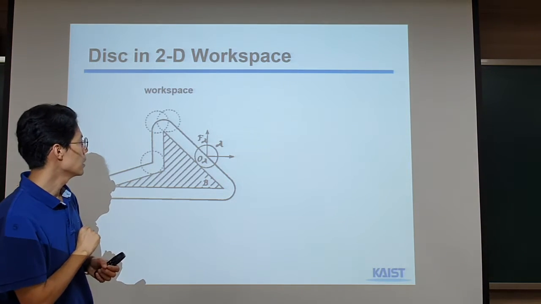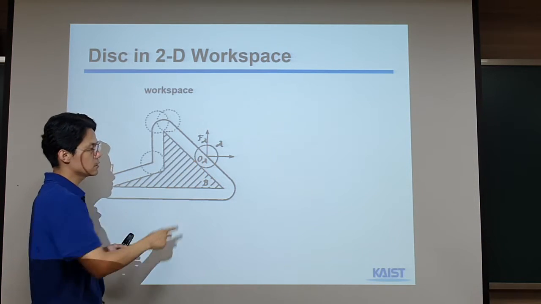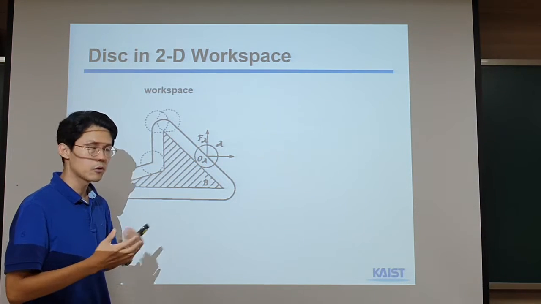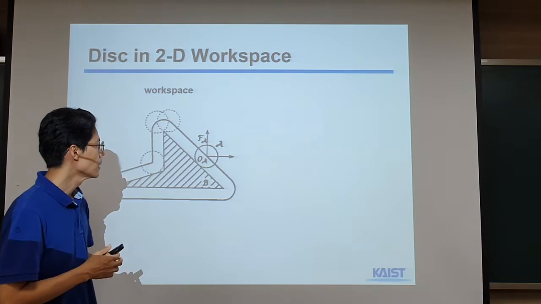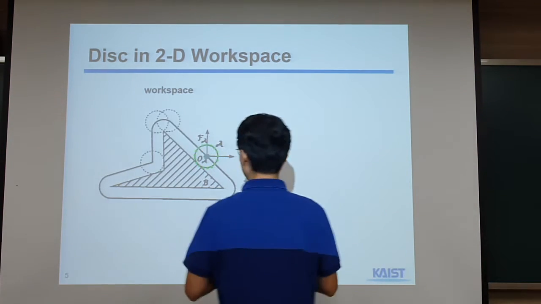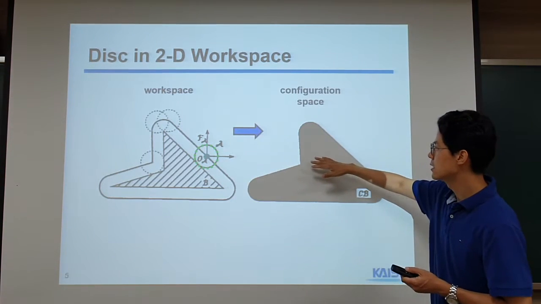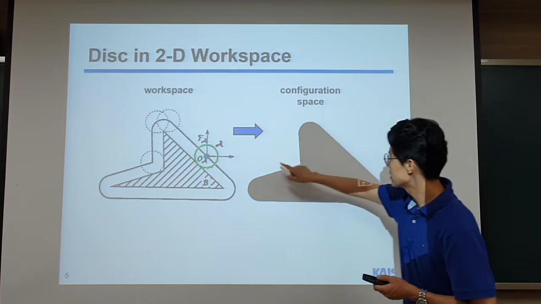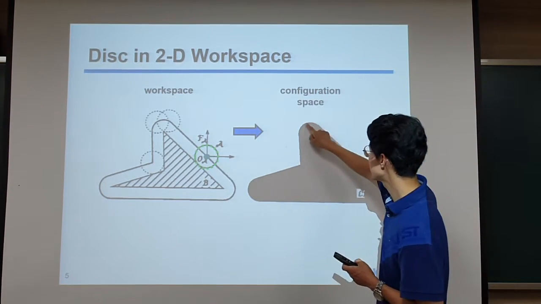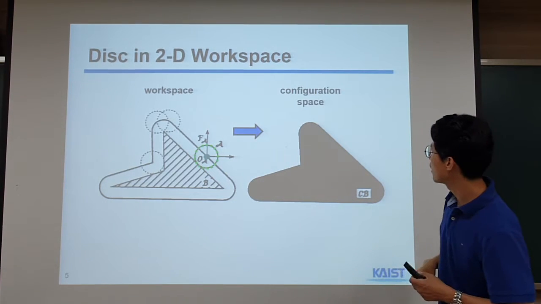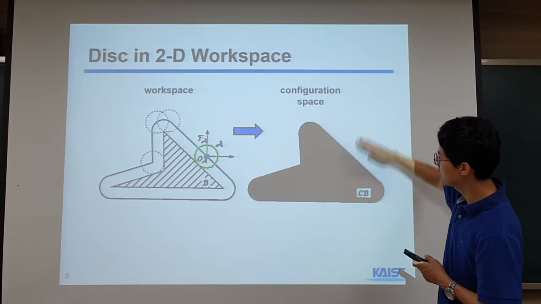Then the trajectory of the center of the circle gives us the boundary of this C obstacle. If we visualize it, this trajectory of the center of the circle maps to the boundary of the C obstacle space in the C space.